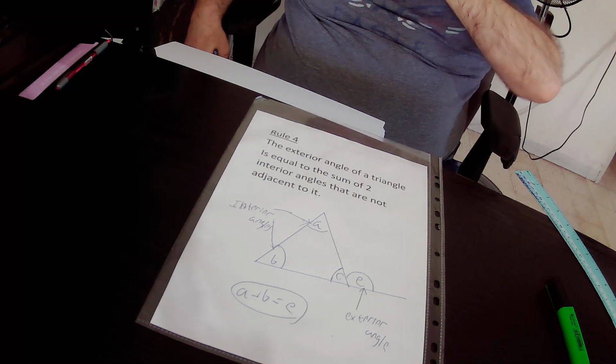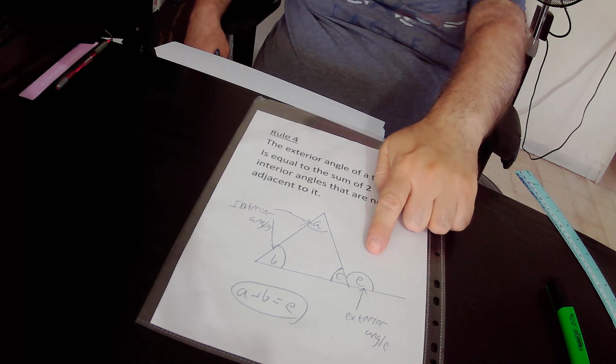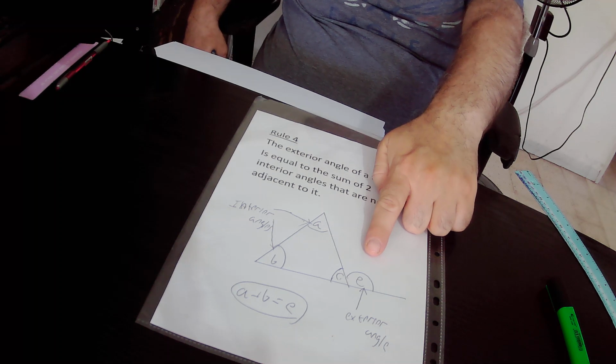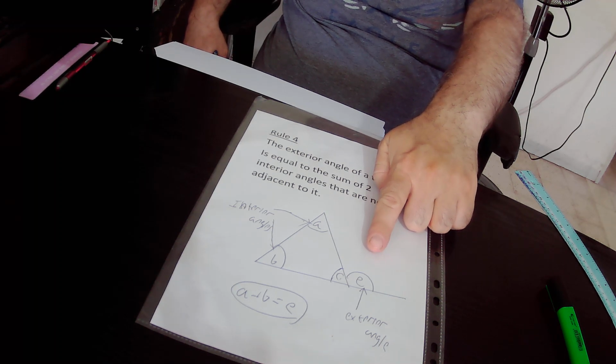According to this rule 4, the size of this exterior angle E is equal to the sum of the two interior angles that are not adjacent to it.